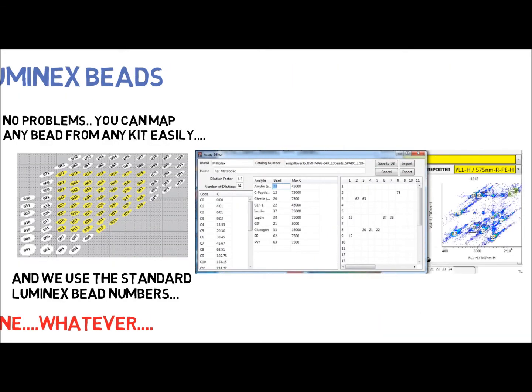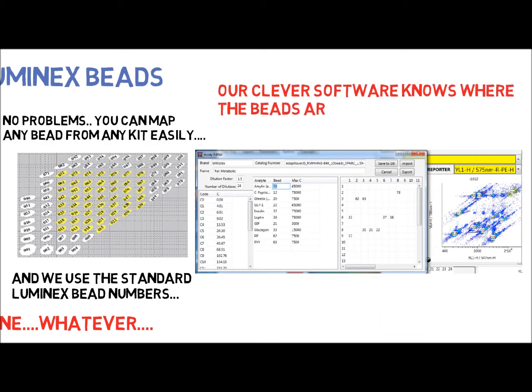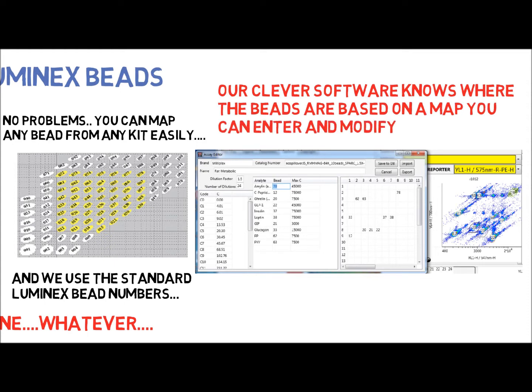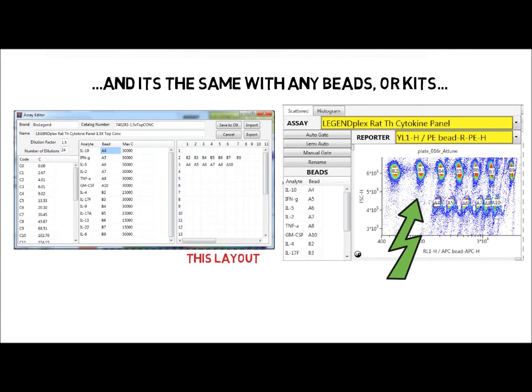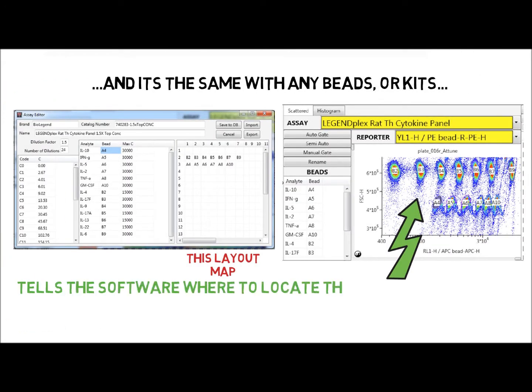Our clever software knows where the beads are based on a map you can enter and modify, and this map shows the Luminex bead numbers on the scatter or the fluorescence plot. This layout map tells the software exactly where to locate the bead populations.